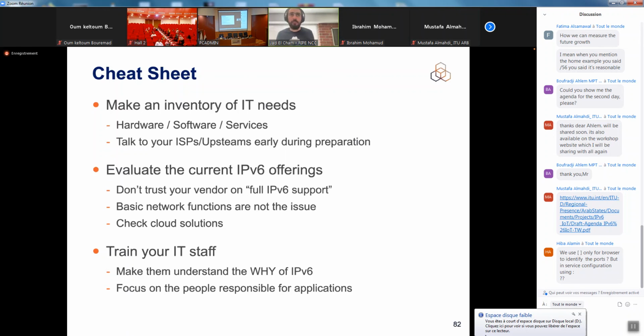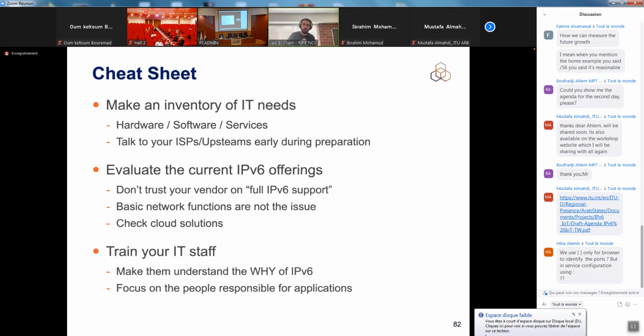First thing on that list, make an inventory of your IT needs. You have to know the hardware you have, the software you have, the services that you run. You should be confident that they support IPv6 or can be upgraded to a software or an operating system that supports IPv6.